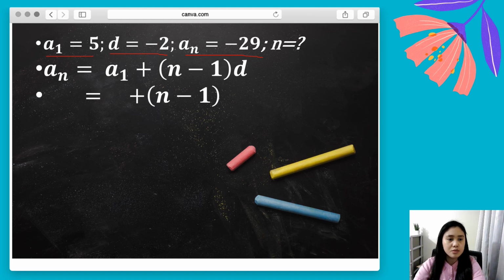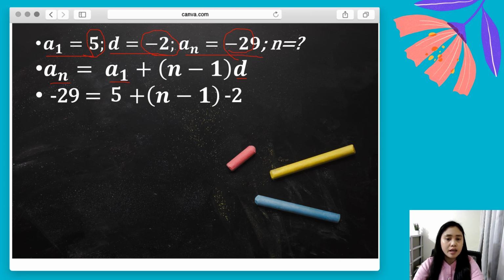So, let's substitute. We replace a sub n by its value, negative 29. We replace a sub 1 by its value, positive 5. And then we will replace d by its value, which is negative 2.